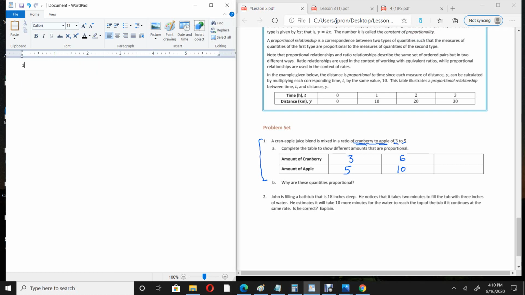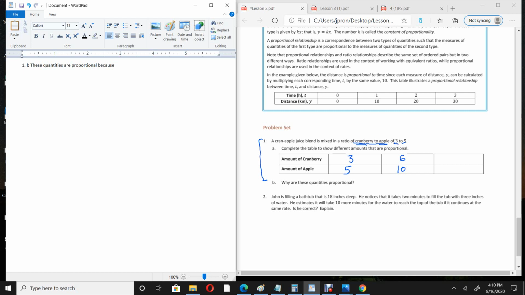All right, so we'd start our response for 1B right here, and we would put something like, these quantities are proportional because, and I'm really kind of interested to see what your response is here.